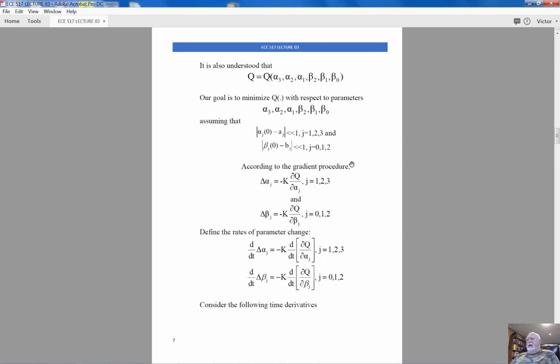Now we will make use of the gradient procedure. This is the increment of parameter alpha. This is the increment of one of the parameters beta. It is equal, unsurprisingly, to minus, because we're moving to the point of minimum, the constant k, and then the derivative of the criterion, which actually is a component of the gradient.